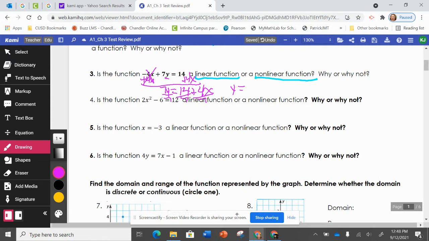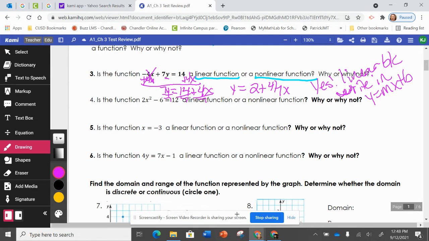And we get y is equal to 2 plus 4/7 x. So we could say, yes, this is linear because we can write this in y equals mx plus b form. Or we can say it'll have a constant rate of change. Or you could graph it to show that this is going to be a straight line.